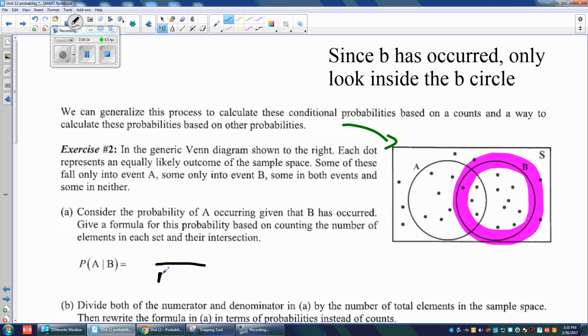The number of B's. Top is what I want. I want this part in here, so I have to count it. What did we call that part? We called that part the intersection of A and B.